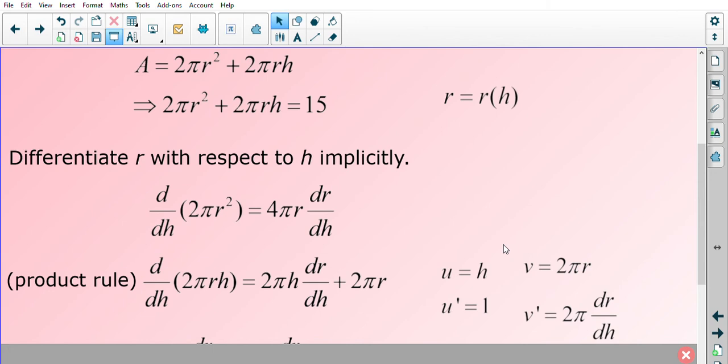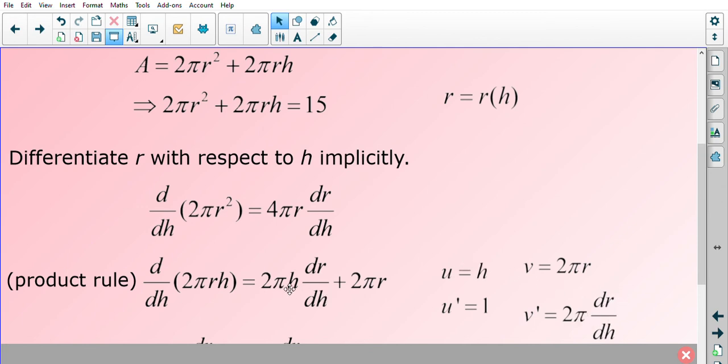I'll let u be my h function, and if I differentiate u with respect to h, I get a 1. I then differentiate the other part with respect to h, so I'm differentiating r, but remembering I need to multiply by dr by dh. If I differentiate that by r, the r disappears, so 2 pi, remembering to multiply by dr by dh.